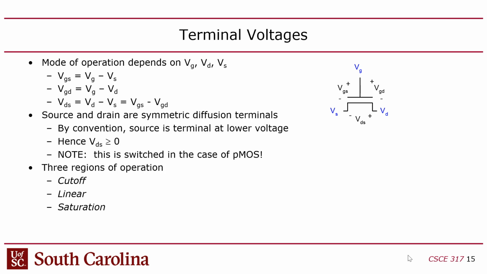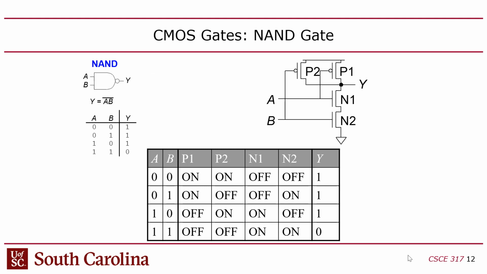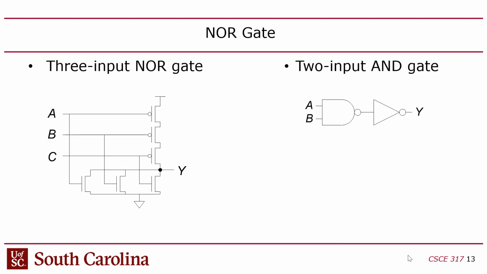So when you build your gates, okay, so here's the gate. When you build these gates, on the pull-down network, notice that the drain is connected to ground. Sorry, I screwed that up again. The source is connected to ground. I always get this confused. The source is connected to ground. That's the bottom terminal of the NMOS.